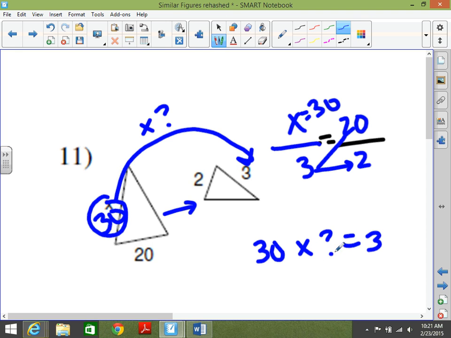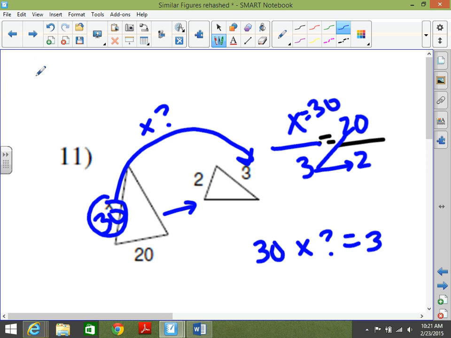Well, 30 times 10 will be 300. 30 times what gives us 3? No, if you do negative, then the answer would be negative. It's going to be a fraction because it's shrunk.